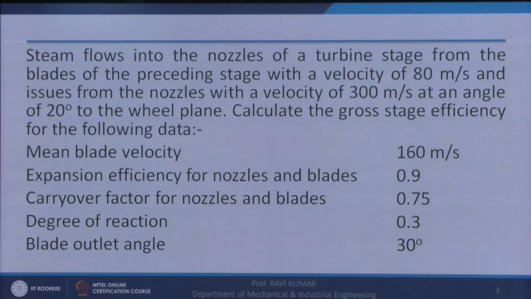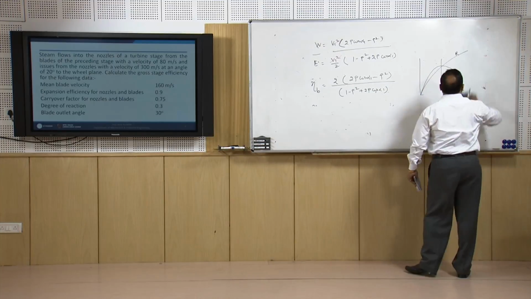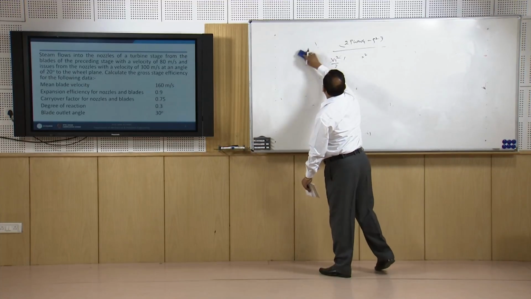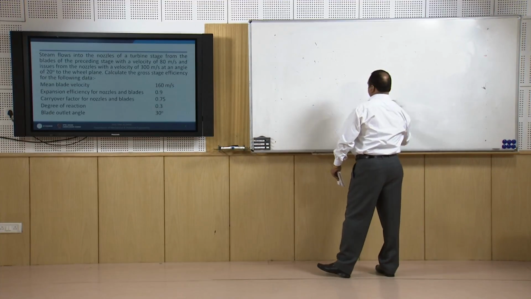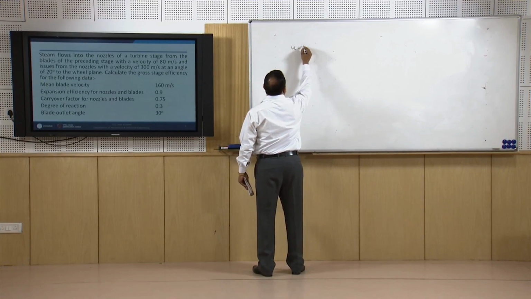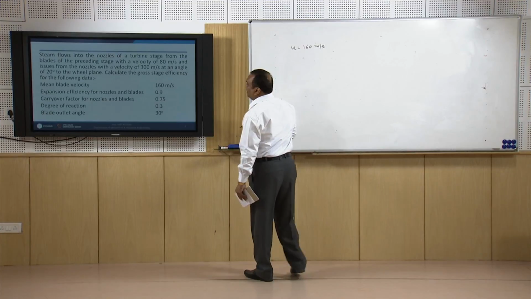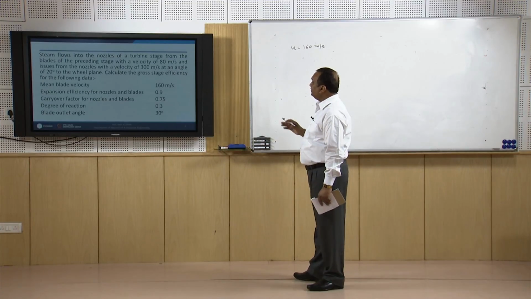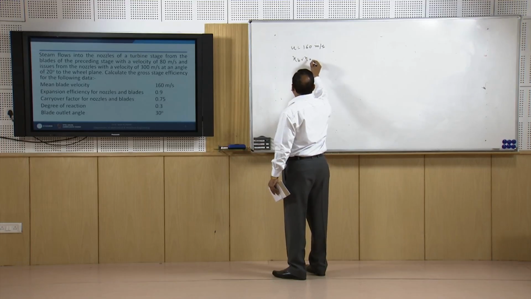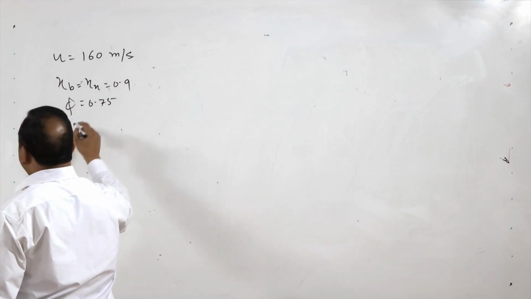Mean blade velocity is 160 meters per second. So the U or the mean blade velocity is 160 meters per second. So we will take them one by one. U is equal to 160 meters per second, right, and expansion efficiency for nozzle and blades 0.9, carryover factor that is phi, the nozzle is equal to 0.9, carryover factor is 0.75, degree of reaction is 0.3.